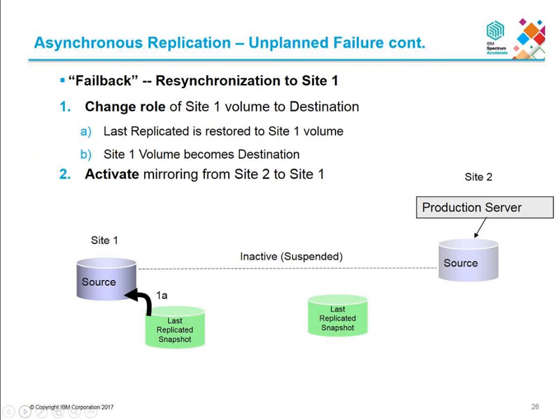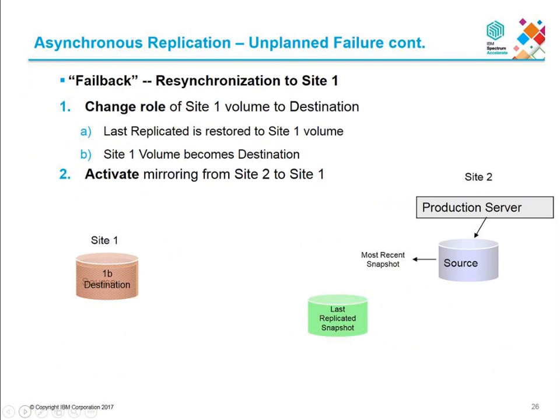I'm going to go ahead and do the change roll at what is now the destination, what used to be the source. And now I start replicating back in the other direction. I'm going to take a most recent, calculate the differences, send those over to the destination. When I'm to the point where I'm RPO okay, then I can go ahead and do pretty much the same process I did.